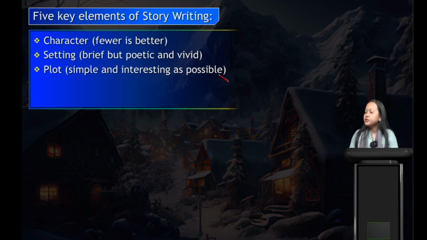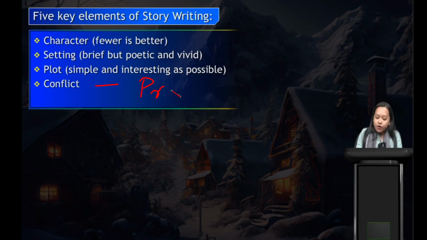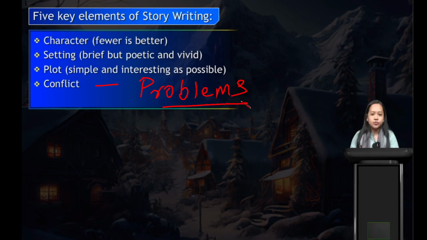We will discuss in the coming slides what plots are, which are based on the events that happen in the story. That's our plot. Next is conflict. Conflict means problems in stories. We have to put problems also, to make your story interesting.